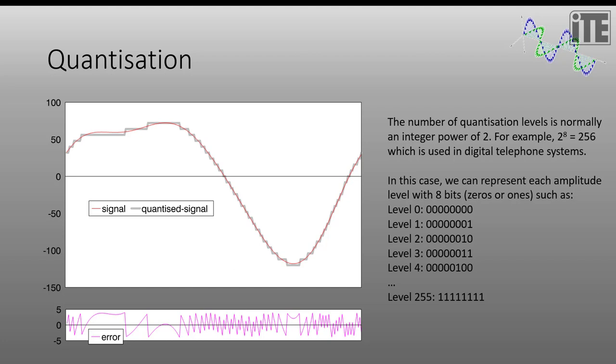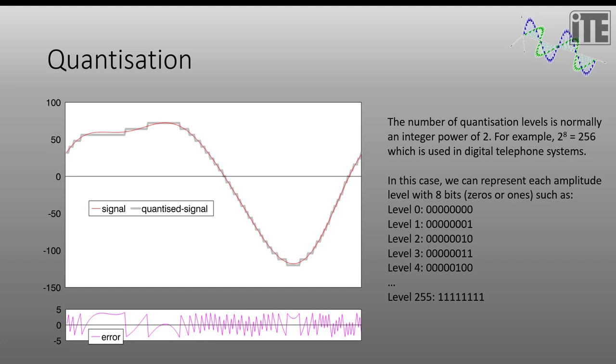Now, interestingly, CDs, compact discs, use 16 bits for amplitude levels, and if we record a CD carefully, then the quantization error in audio CDs is below the threshold of human hearing.